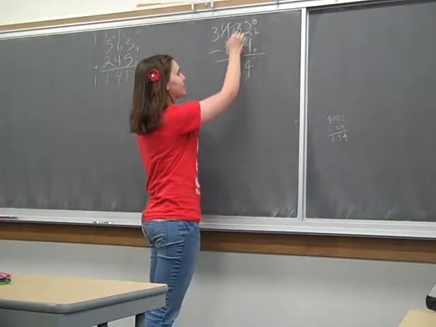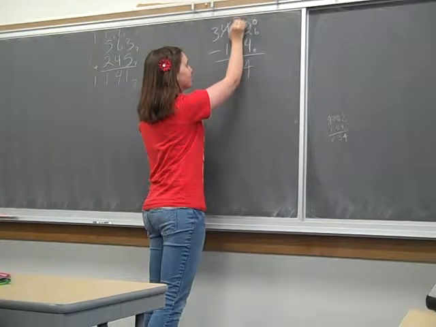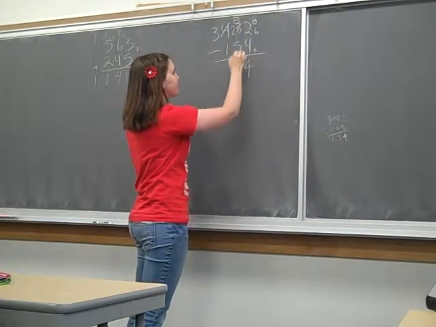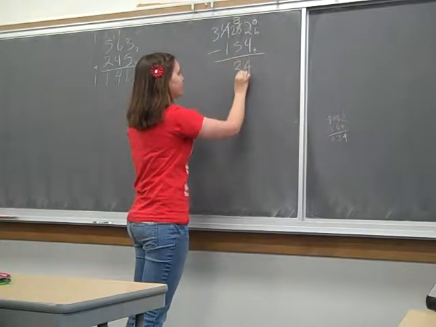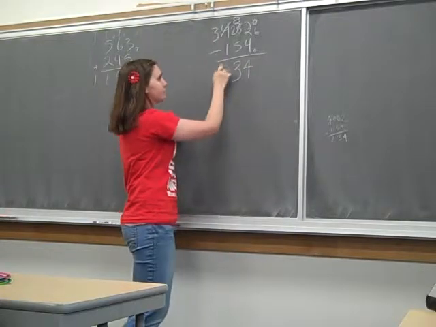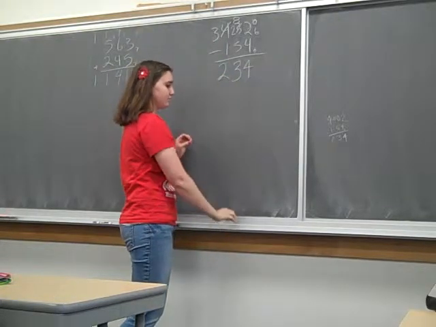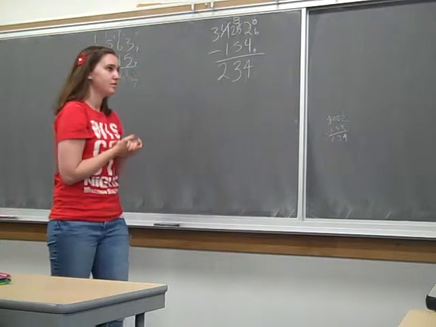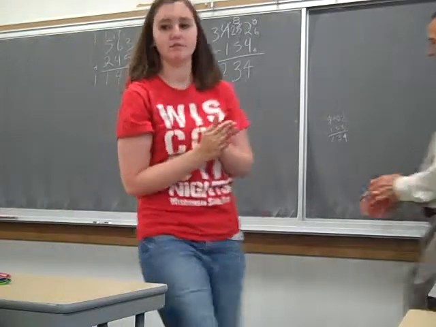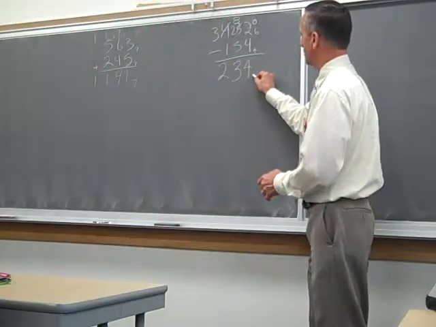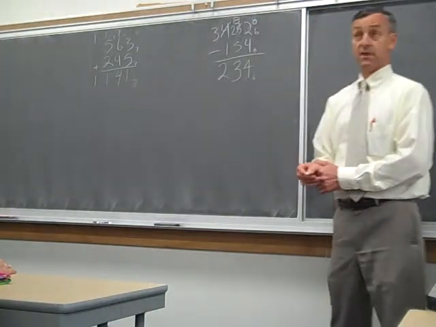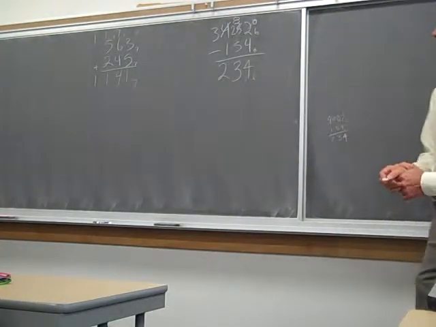So that becomes 8. And then you subtract, which is a 3. And then 3 minus 1 is 2. And we probably ought to put a little bit of subscript 6 so that we know that it's not in base 10. Okay?